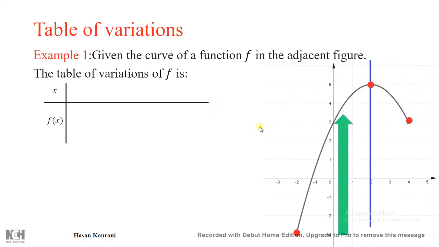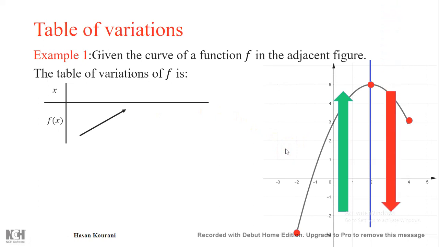So since the function is increasing here, we draw an increasing arrow in the table. Then it is decreasing in the second stage, so we draw a decreasing arrow.